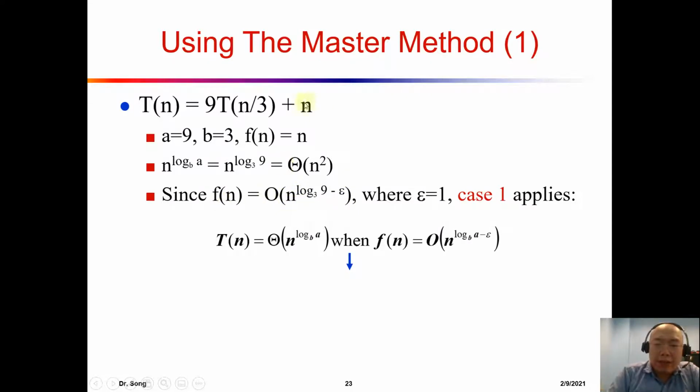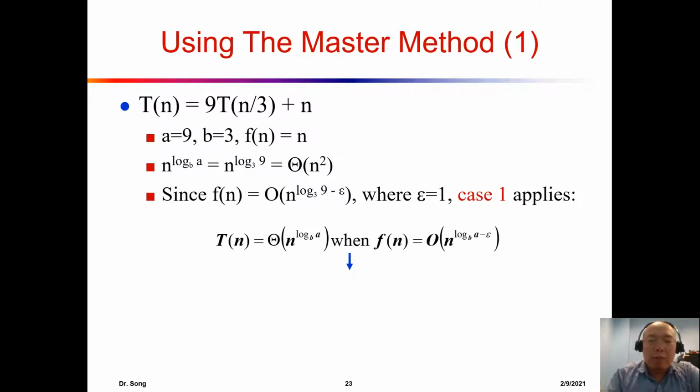So f(n) is n, and O(n^(2-1)) gives you n again. So n is O(n). That is true, so case 1 applies. And you may ask, why did you pick epsilon as 1? Well, I can say, how about we use an even smaller value? How about we pick epsilon to be 0.01?